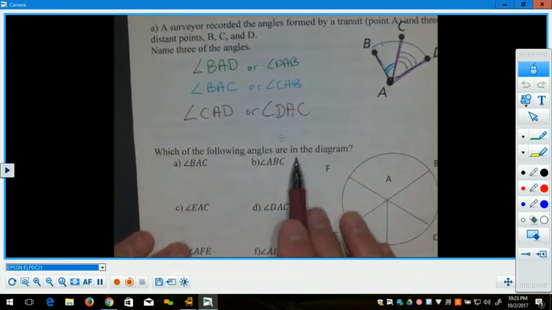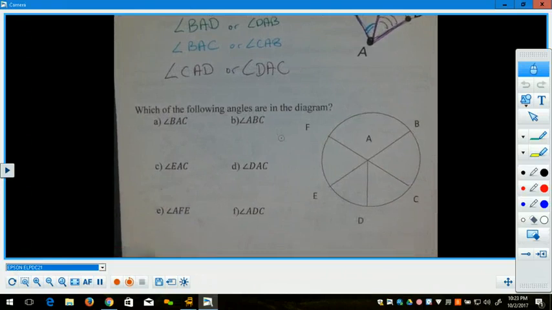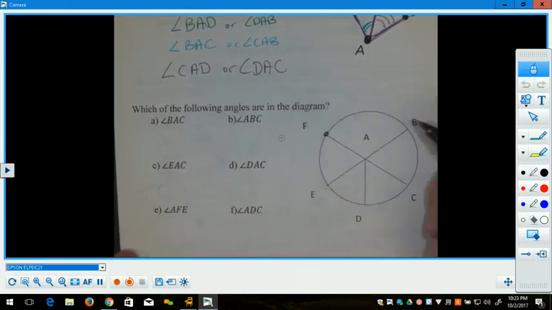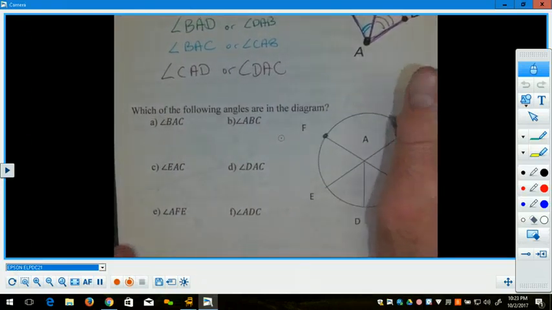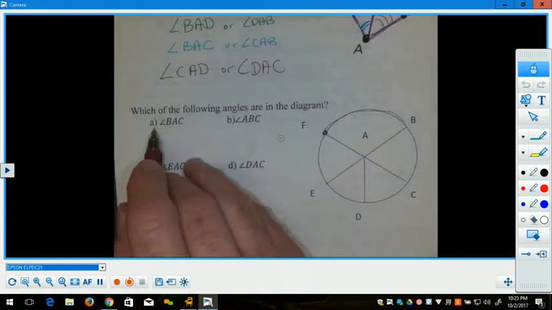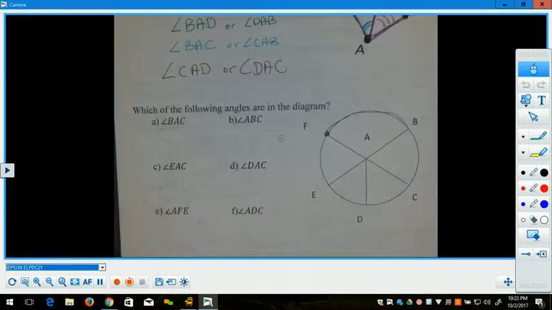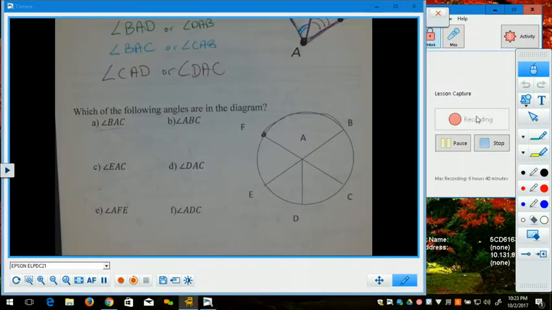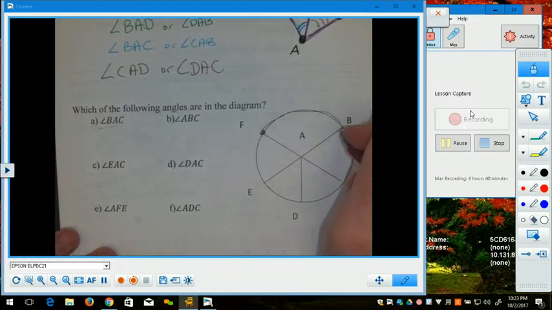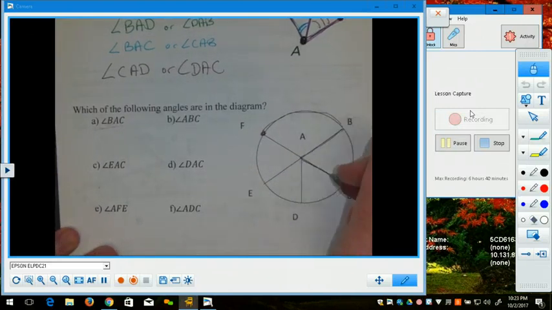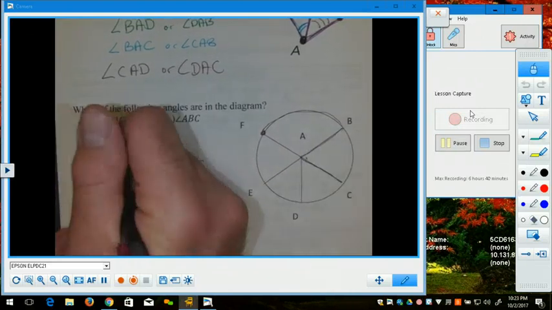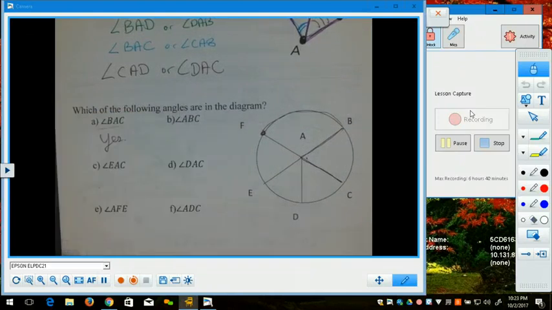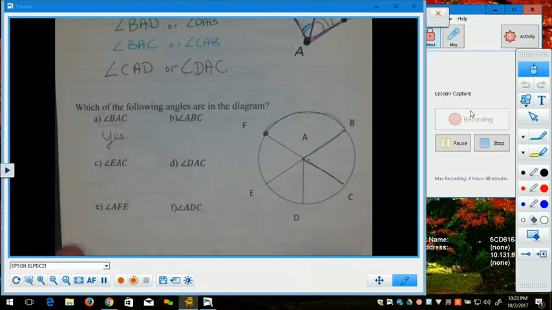Which of the following angles are angles in the diagram? Well, F is not really a vertex. Let's take a look. BAC is what we're being asked for first. If I trace that, those are 2 rays, and it has a vertex. So yes, that is an angle. A is a vertex connected by 2 rays.